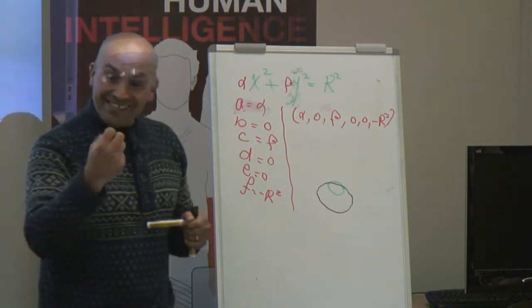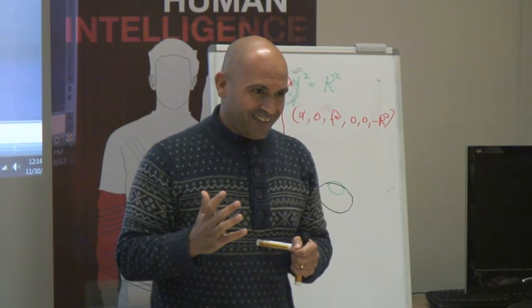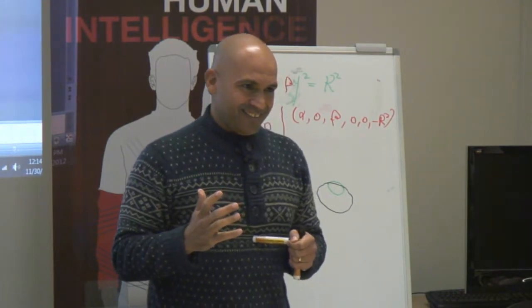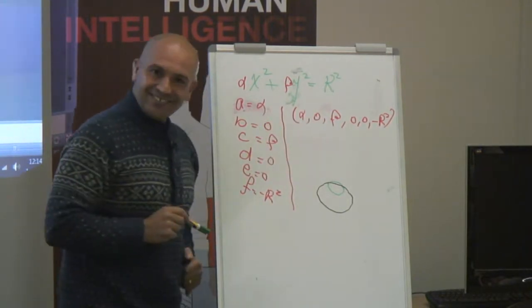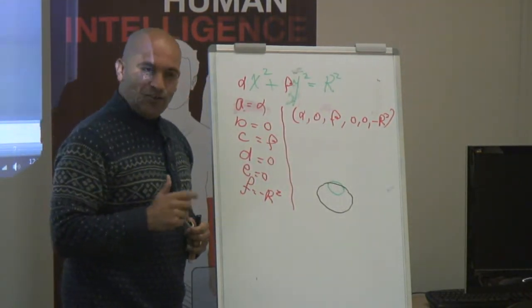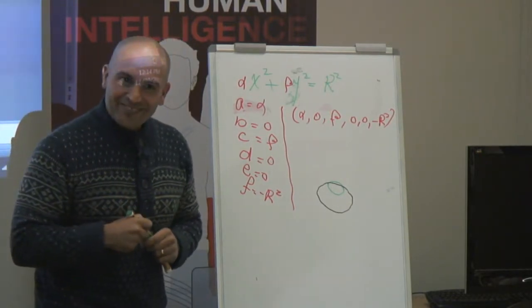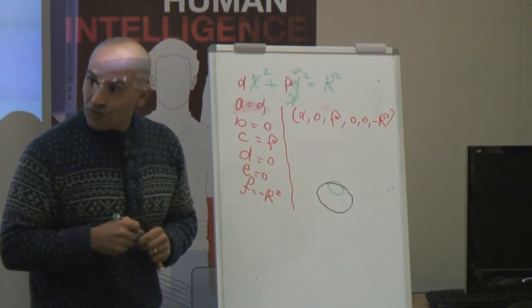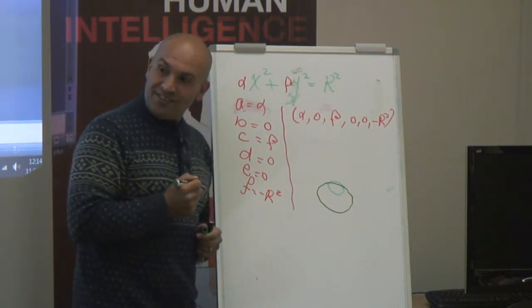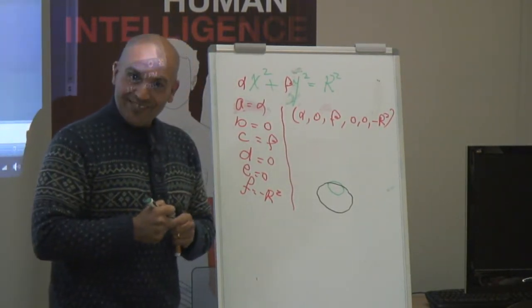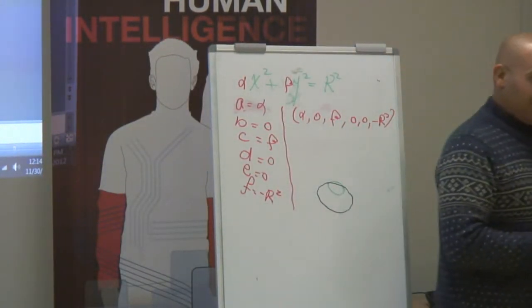But the circle is the most restricted representation of a conic, because we had alpha, beta, and r. So how many points do I need to represent an ellipse? 4 points. Is 4 points enough to represent an ellipse? Yes. Now, how many points do I need to represent a parabola?